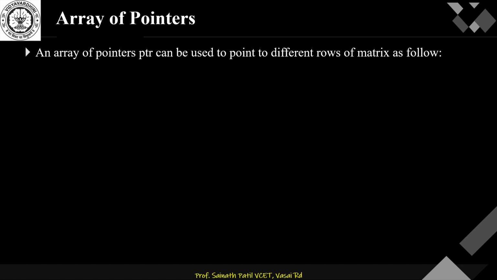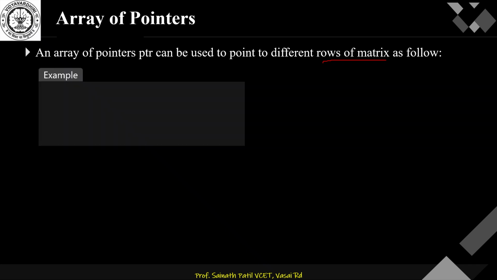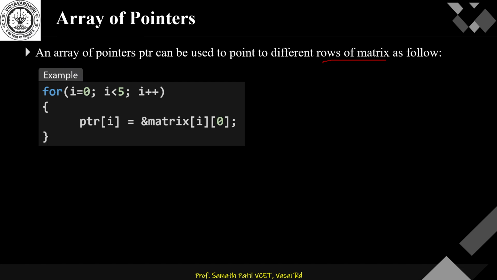An array of pointers ptr can be used to point to different rows of a matrix. If I declare a 2D array matrix, for example, using a for loop, for i = 0; i < 5; i++, in the for loop I write ptr[i] = &matrix[i][0], where the value of i changes from 0 to 4.